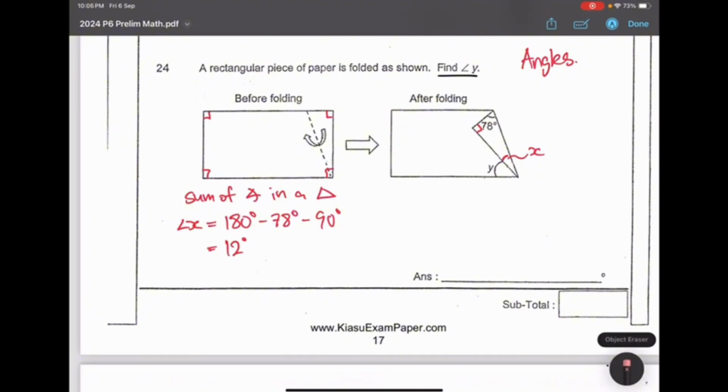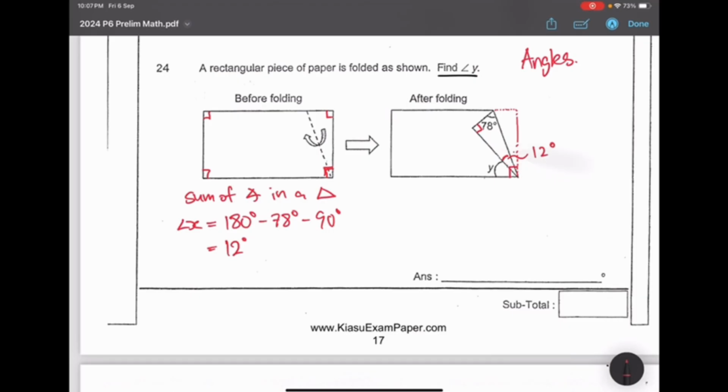Now that we have found X to be 12 degrees, I want you to understand that when you fold a piece of paper, the angle is doubled. And before we fold the piece of paper, the angle at this corner is 90 degrees. So if I were to do a rough sketch of what it was before, this is 90 degrees.